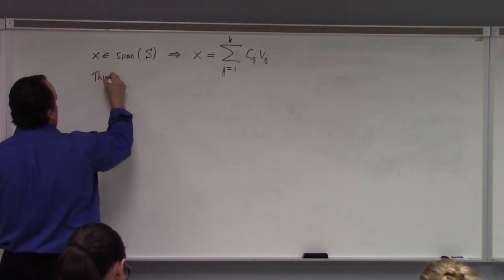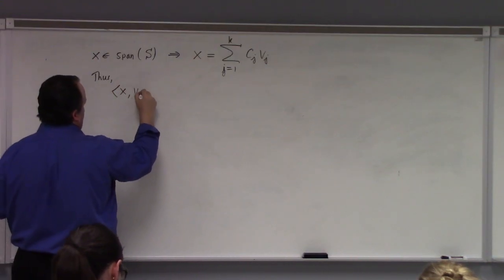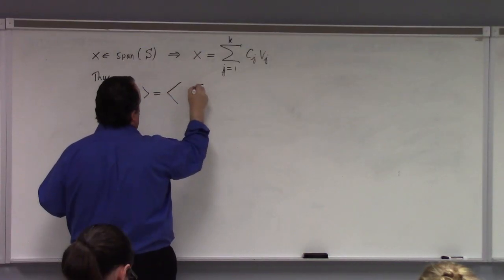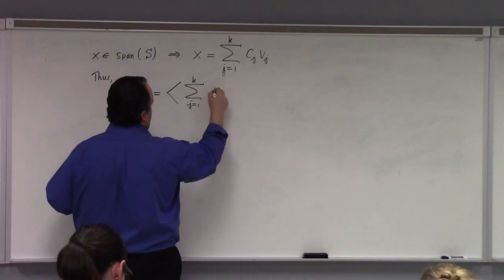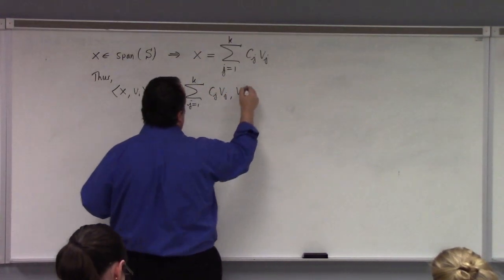Thus, the inner product of x with vi is equal to the inner product of the sum, j equals 1 to k of cj vj with vi, right?